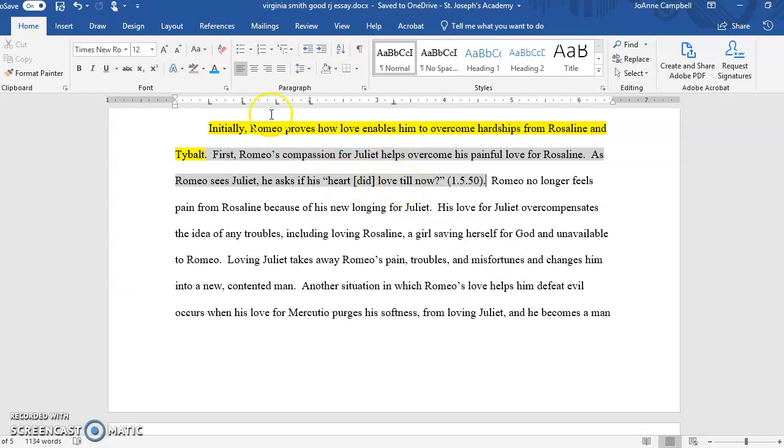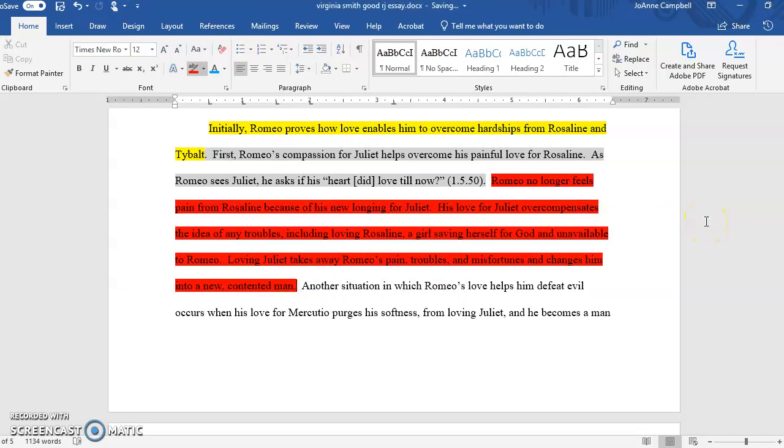Okay, and then we have the most important part of the essay. Her next sentence, I'm going to highlight it in red because it's the most important part, is her commentary. And if you notice, her commentary is long. Okay, you want at least 1 to 3 sentences for commentary. This is how she's explaining how did this example help prove her theme.